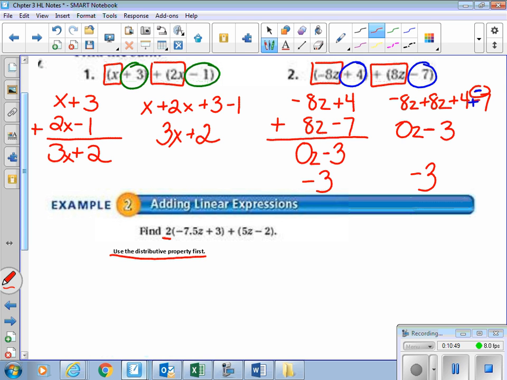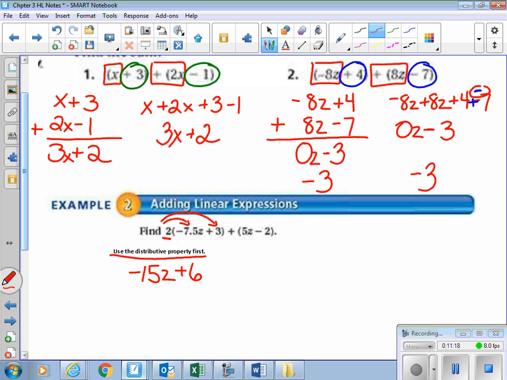So what we're distributing here is the 2. We're going to do 2 times negative 7 and 5/10 z, and then 2 times positive 3. We're going to multiply that out. That would give me a negative 15z when I do 2 times negative 7.5, and 2 times positive 3 gives me a positive 6.